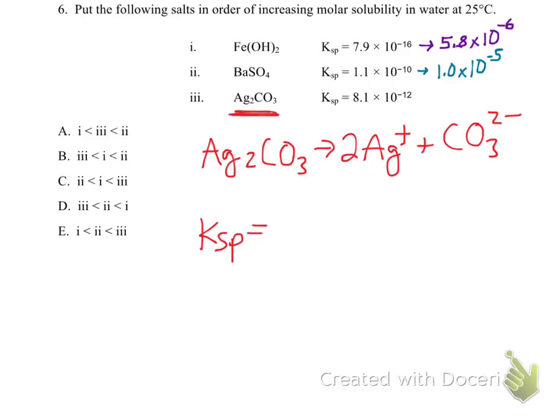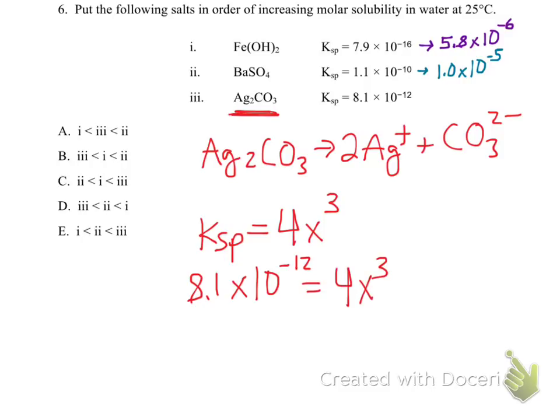So KSP is going to equal 4x cubed when it's all said and done. Plugging in our values, 8.1 times 10 to the negative 12th is equal to 4x cubed. Now let's solve for x and see what the molar solubility is. So x ends up being 1.3 times 10 to the negative 4th.